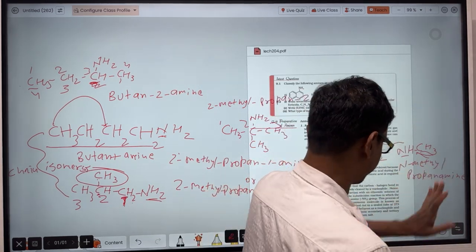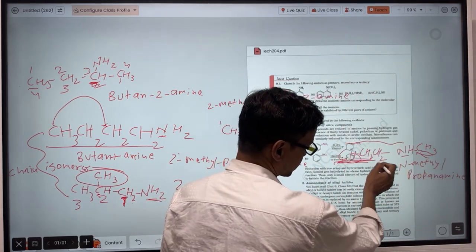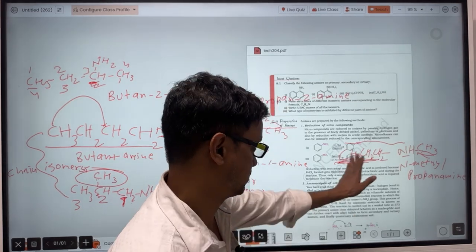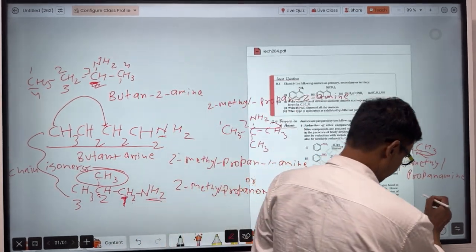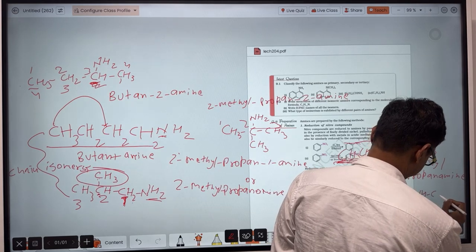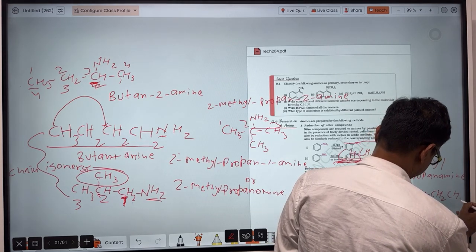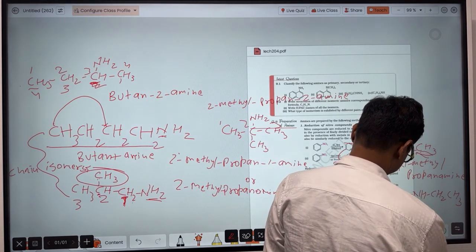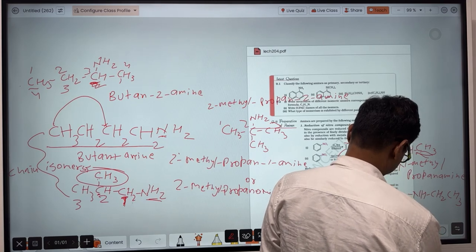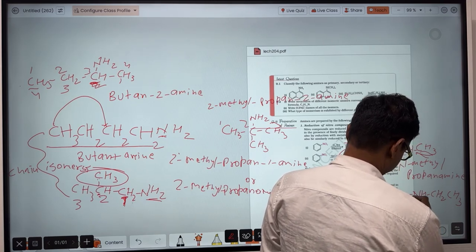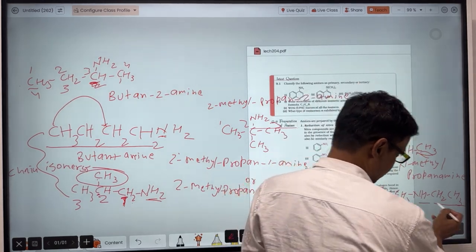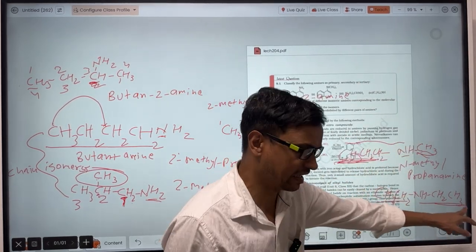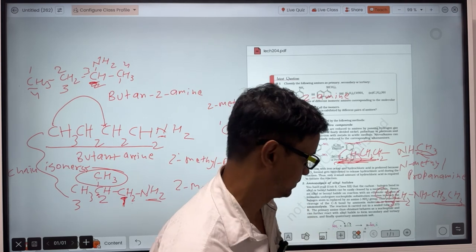Now classify the other secondary amine in the same way. On this side the alkyl group is of 3 carbons, and another isomer may be this one also. This is ethyl, so we will write N-ethyl ethanamine.